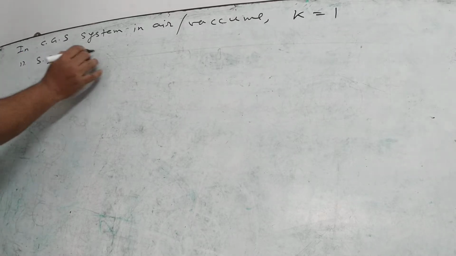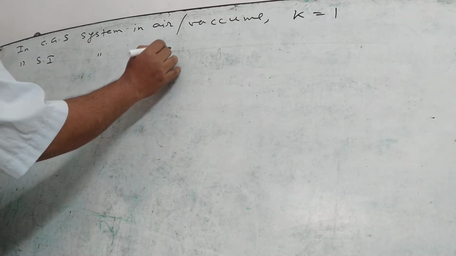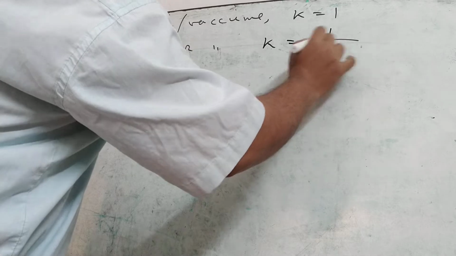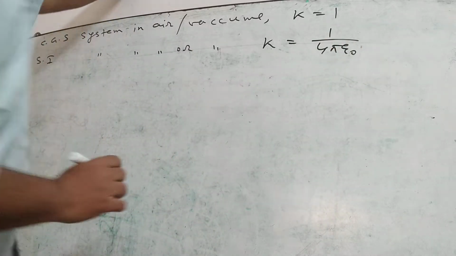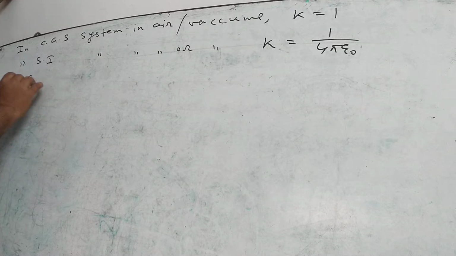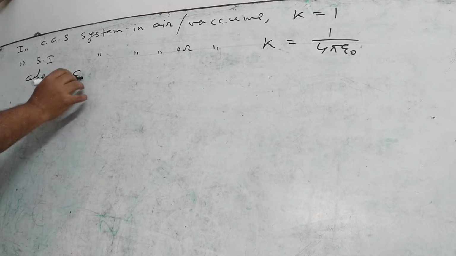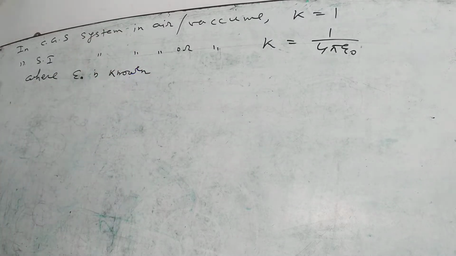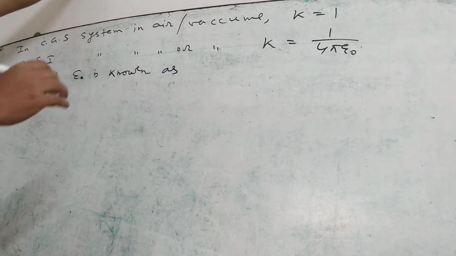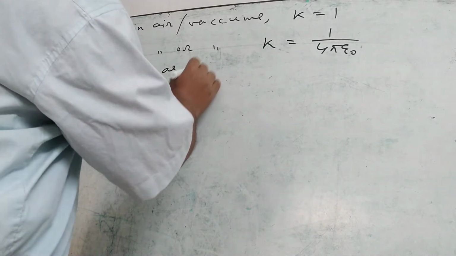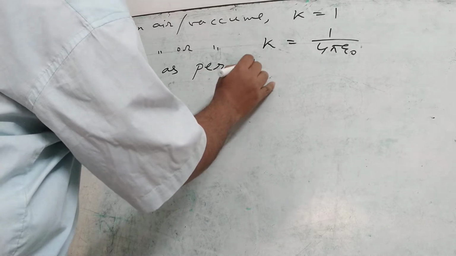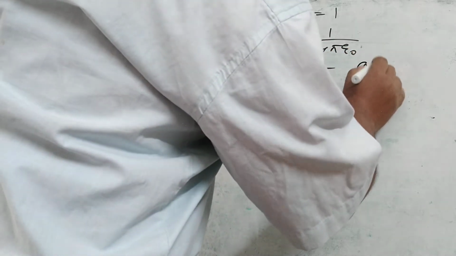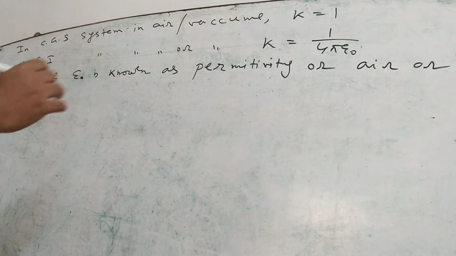In the SI system, in air or vacuum, K is equal to 1 by 4 pi epsilon 0, where epsilon 0 is known as the permittivity of air or vacuum.